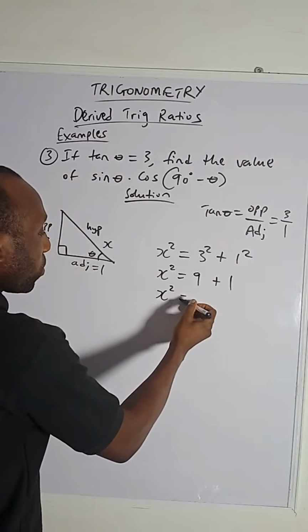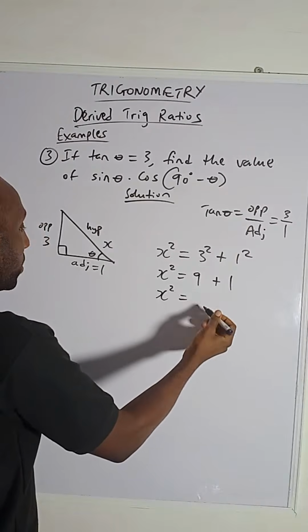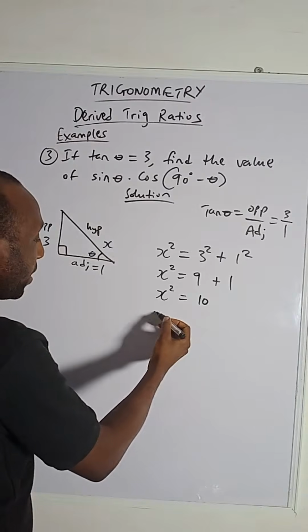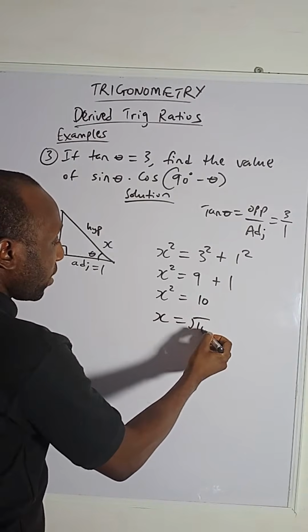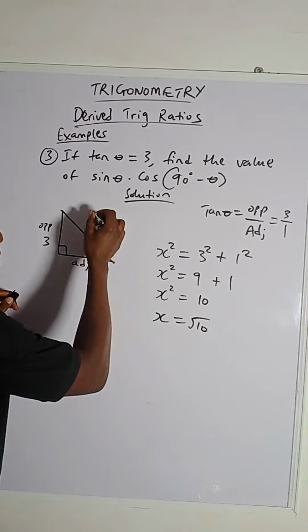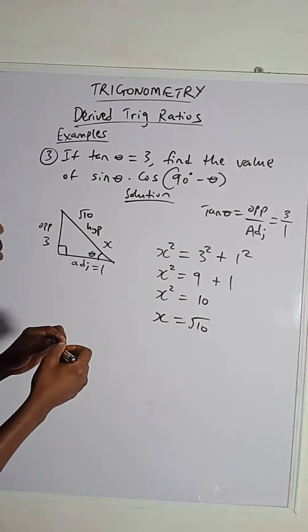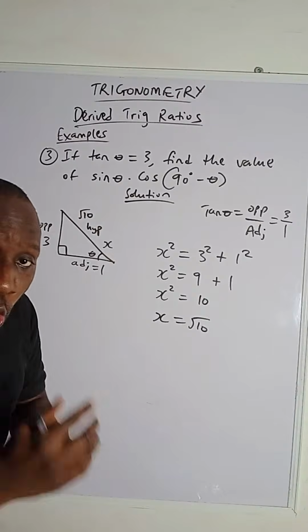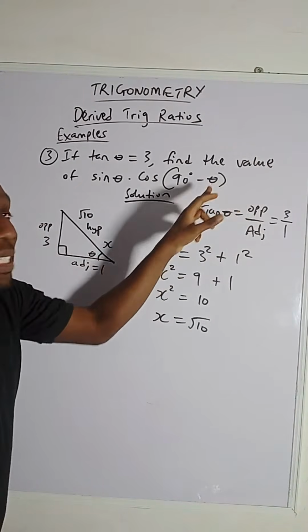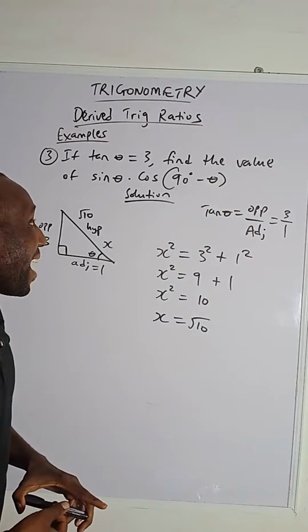So x squared is equal to 9 plus 1, which is 10. Then x is equal to root 10, if you square root both sides. So x is root 10. Now that we have root 10, do you know that cos (90 minus theta) is equal to sine theta?